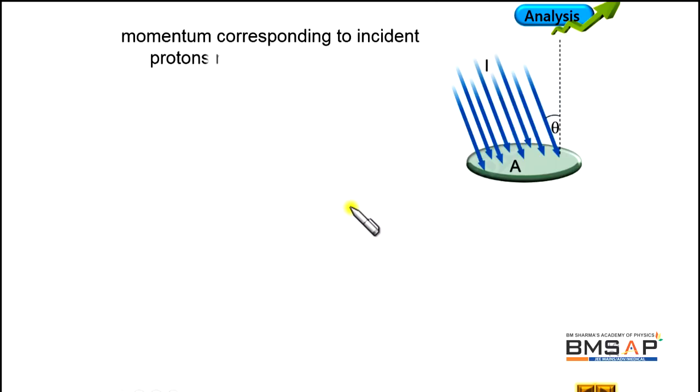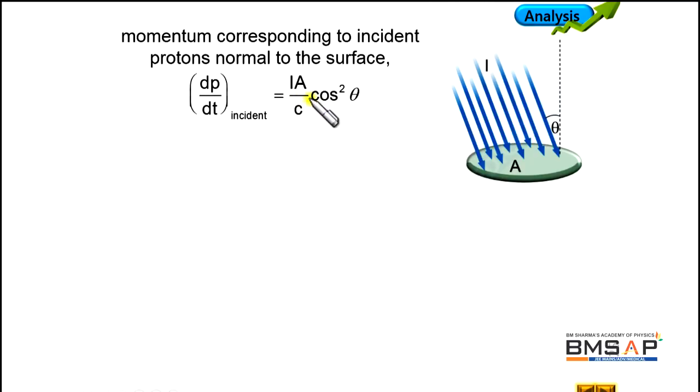And let us consider the downward direction, that is the initial traveling direction of the photon, as positive. That means the linear momentum corresponding to the incident photon will be equal to dp by dt, that should be equal to IA divided by c cos square theta. We know this expression, we have calculated it already, right.